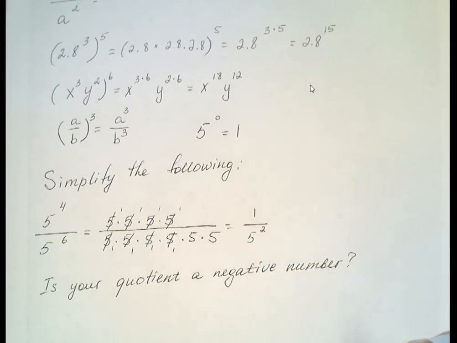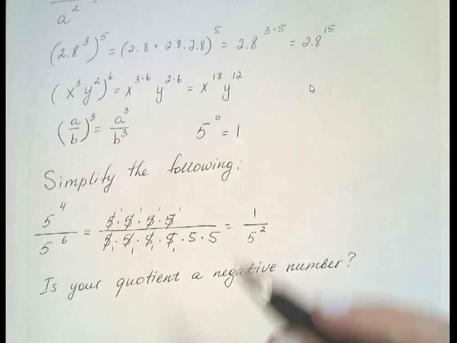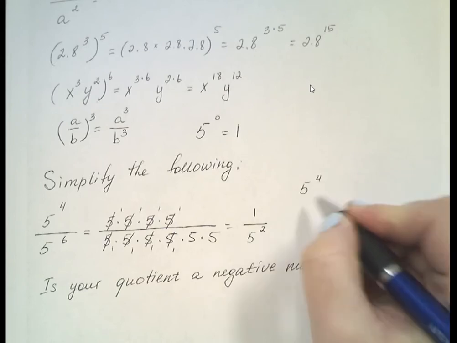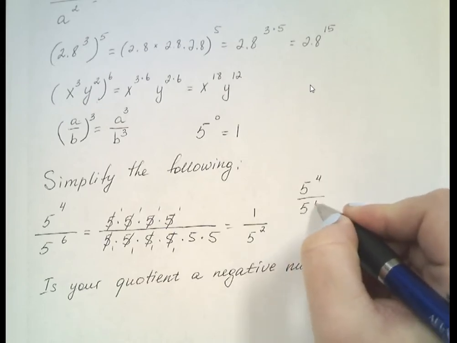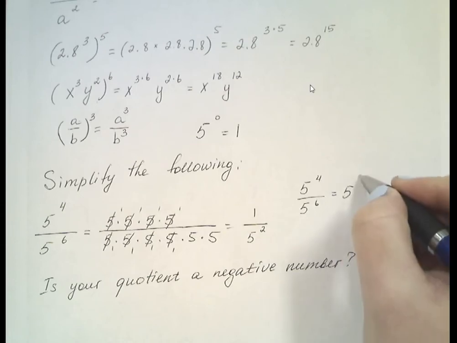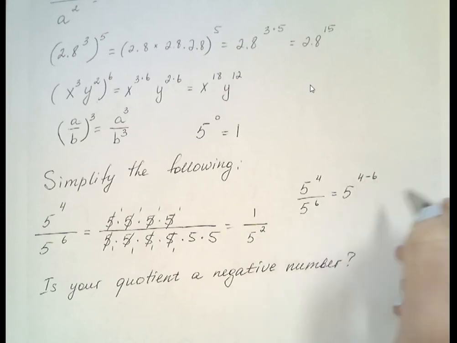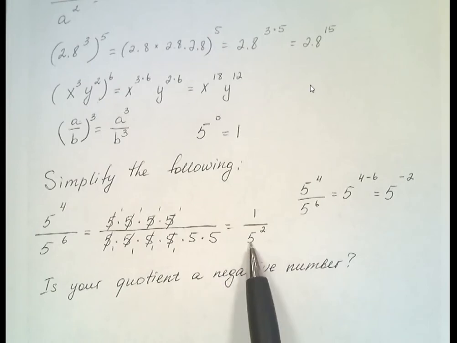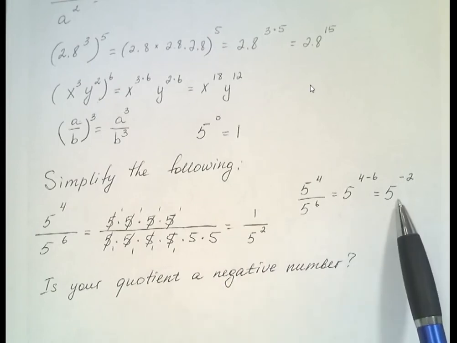Okay, now let's apply the rule that we learned previously. When I have 5 to the 4th divided by 5 to the 6th, I'm going to subtract the exponents. 5 to the power of 4 minus 6, and that is going to be 5 to the negative second, right? Now let's combine these two. If this is the same thing, this has to be the same thing as well.